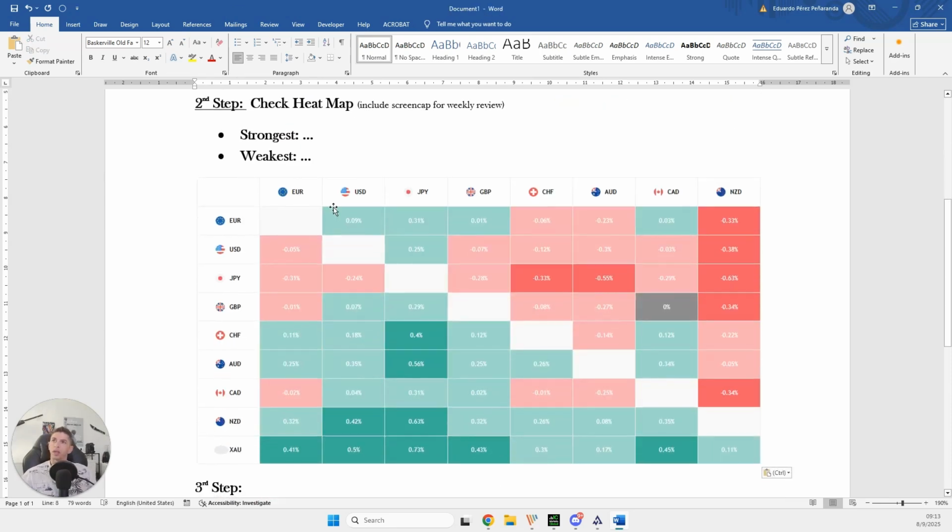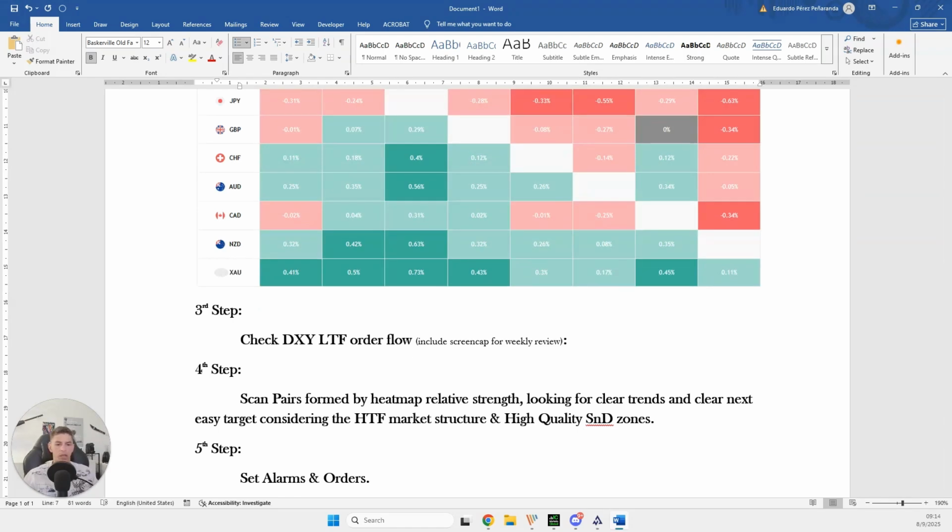And then the other, as it can be expected, is the AUD and the CAD. NZD and AUD would be the strongest pairs, and the weakest, the USD and the JPY. That is telling us that we have a risk-on environment so far.